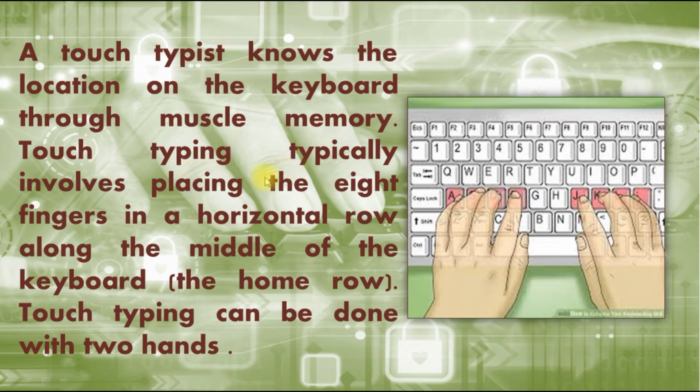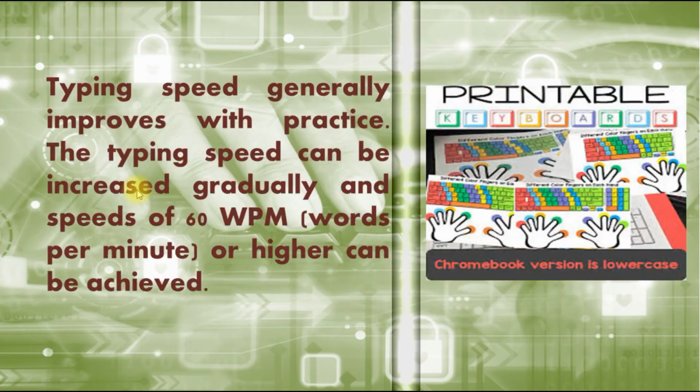Touch typing typically involves placing the 8 fingers in a horizontal row along the middle of the keyboard, that is the home row. Touch typing can be done with 2 hands. So, if a person is well versed with the knowledge of touch typing, he or she can handle the keyboard very easily. Okay, if your fingers are on the home row, you know which keys are where, then you can handle the computer very easily.